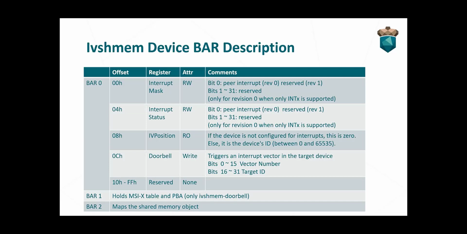And BAR 1 is for the MSI-X interrupt BAR. This is the normal PCI BAR. And BAR 2 is used for the shared memory. It is an MMIO BAR, and the allocated memory is mapped through EPT to the guest VM. So this is the BAR layout. They are all defined by the IVSHMEM spec.